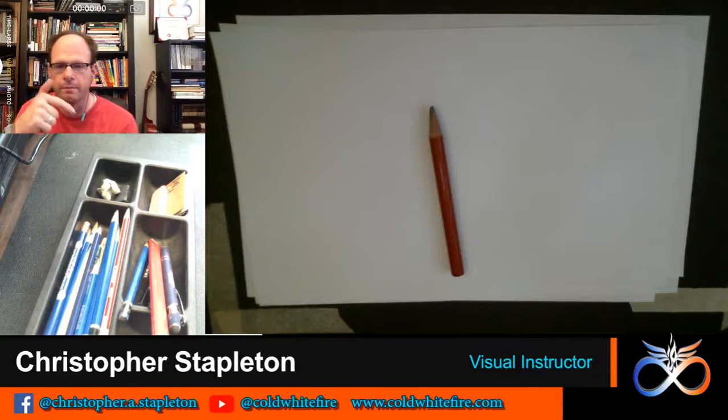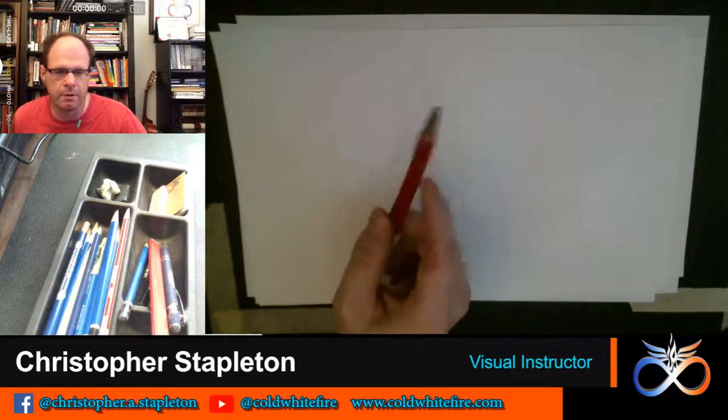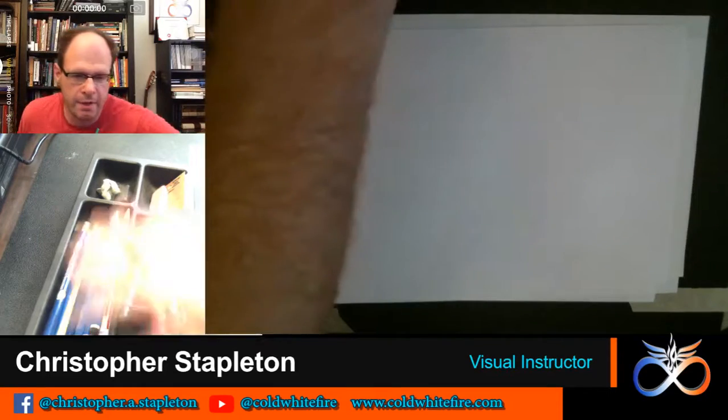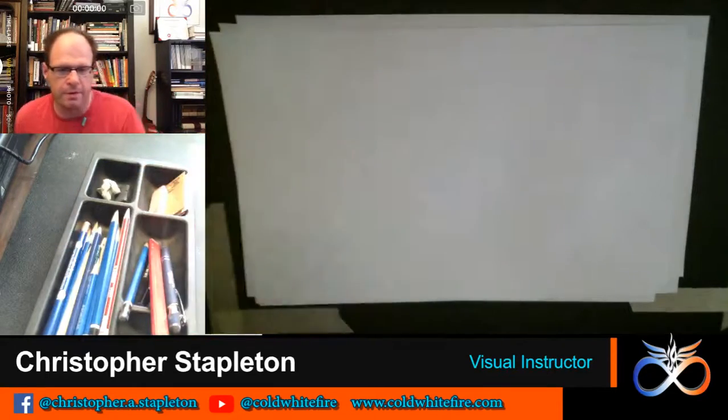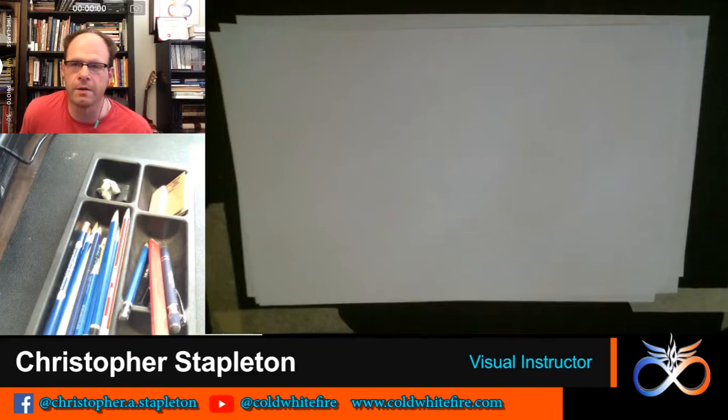Down at the bottom, I have some pictures of stuff that we're going to be going over. I also have this camera right here that is for my pencils. I do some art videos and streaming and whatnot. I'm a visual instructor, and for the class, we're going to be talking a lot about desktop, laptop, tablet.